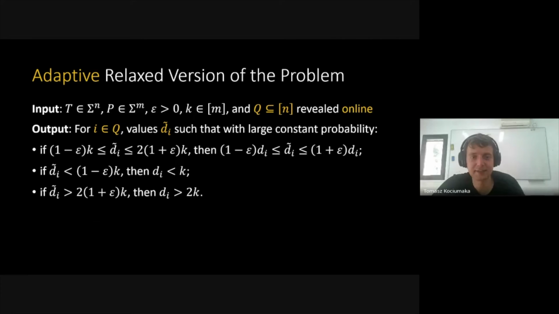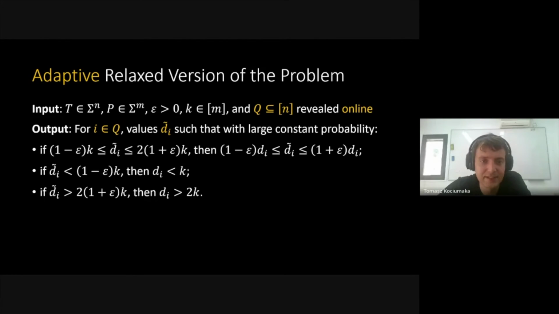Whenever we get to time i, to processing offset i, the user can decide if he's really interested in this offset or if we should just go to the next offset. And the conditions are exactly the same as in the standard relaxed version of the problem.